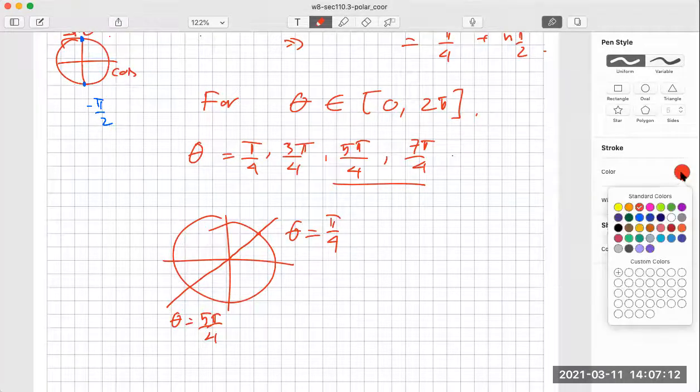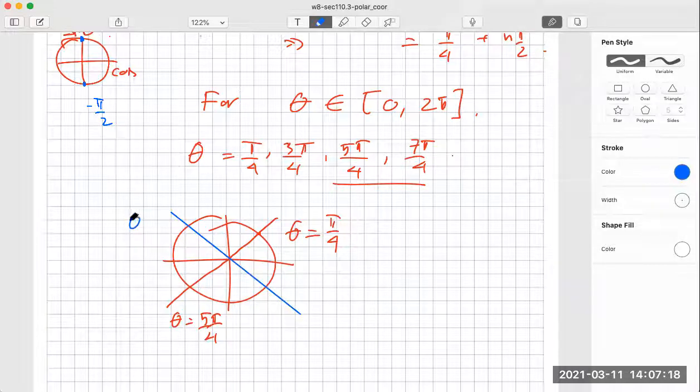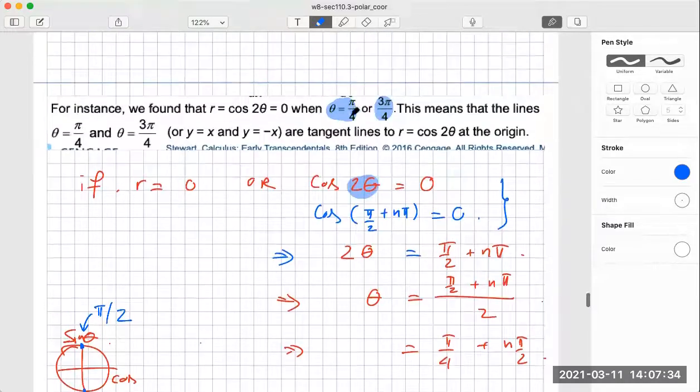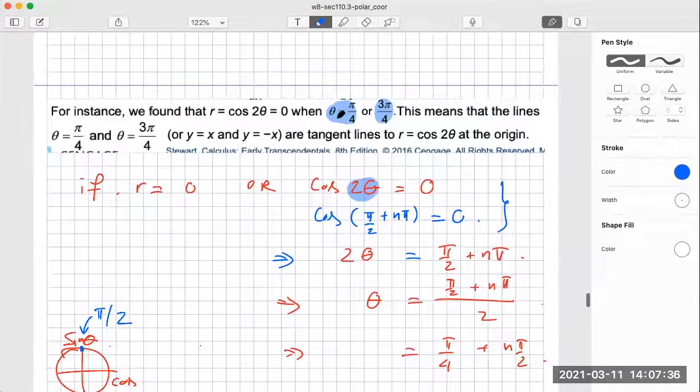And a similar story, 3 pi over 4 here is the same as 7 pi over 4, okay? They're repeated. Do you see why we pick only 2 special values here? Because it's repeated. So just pick these 2.